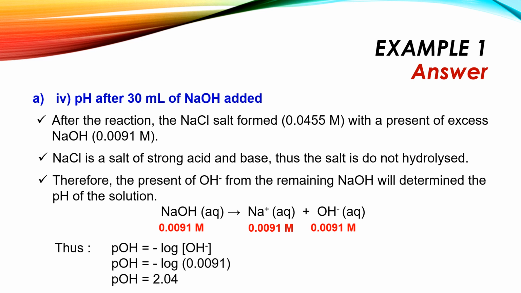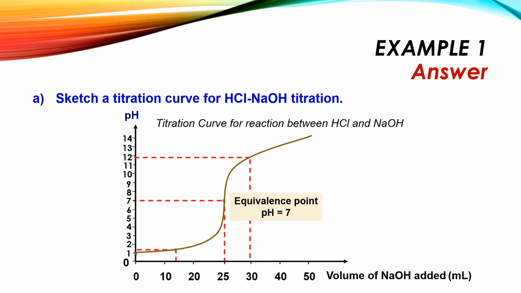By using the formula pOH equals negative log of OH- concentration, substituting the value, we obtain the pOH value of 2.04. To determine the pH, we can use the formula pH equals 14 minus pOH. That will give the pH equal to 11.96. By using the pH values obtained from the calculations, we can plot the titration curve for the reaction between the hydrochloric acid and the sodium hydroxide.